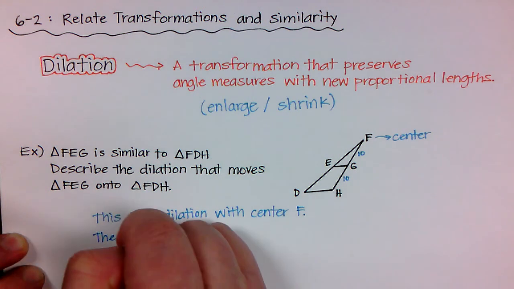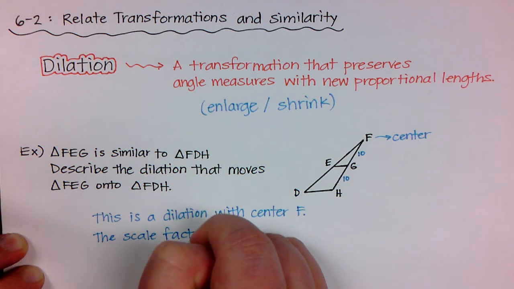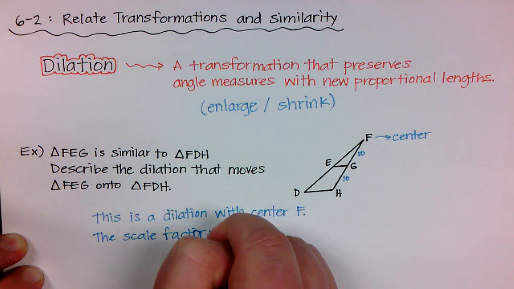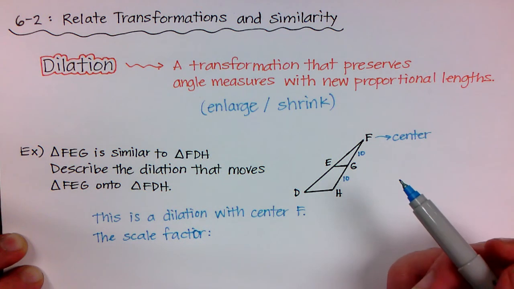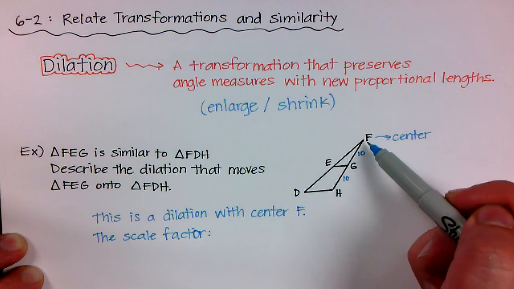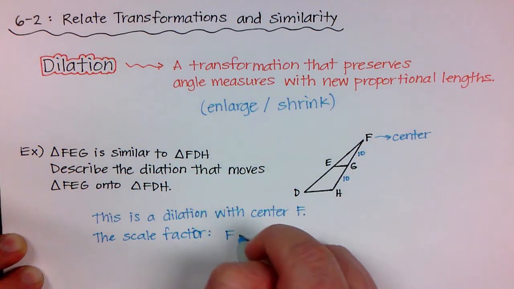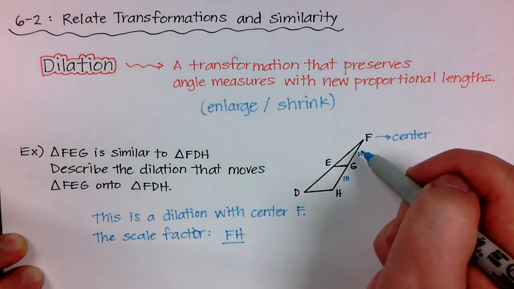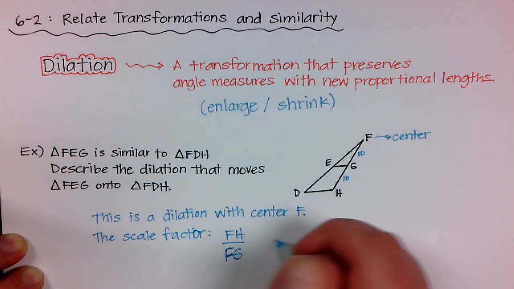So the scale factor, we're going to find it by comparing the new image to the old. So the new one is FH, that's one side that I know measurements on, compared to FG of the old image. FG, there we go.